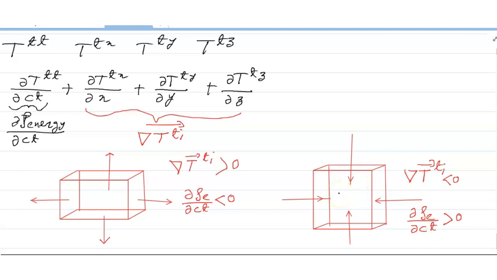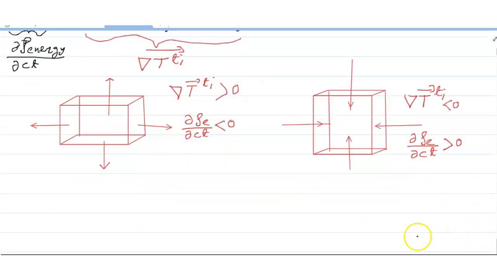To make this continuity equation make sense, we must set this expression equal to 0, so that energy can never be created or destroyed. It can only flow in and out. Energy flows in and out, which results in changes to the energy density.